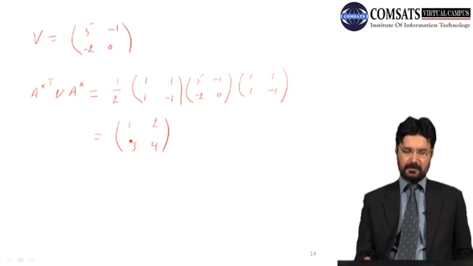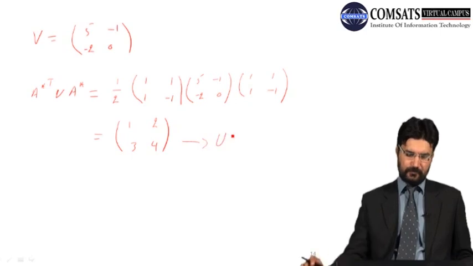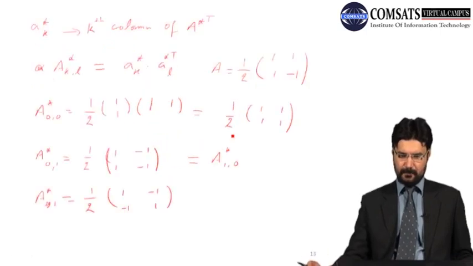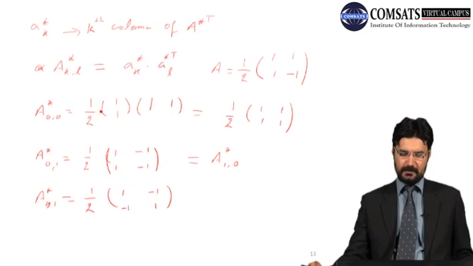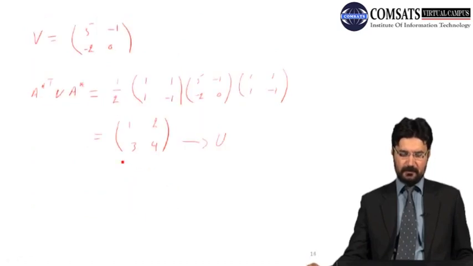And if you remember, this was our matrix U. So our original matrix U was 1, 2, 3, 4, and then we take the inverse to get the original image. For that we already have 1, 2, 3 and 4. So this shows that after computation we can get the original value.